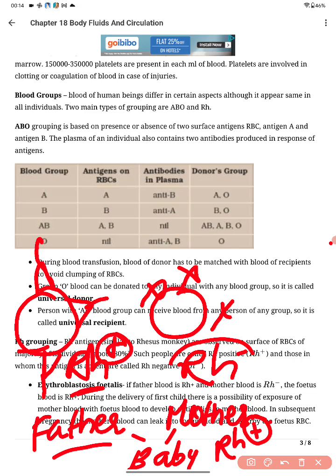Understood? The mother is Rh negative. She doesn't have the Rh antigen on her RBC membrane surface. That's why she is called an Rh negative mother. Since the father has the Rh antigen, he is called an Rh positive father. So their baby has the antigen on the RBC membrane, so the baby is called Rh positive.